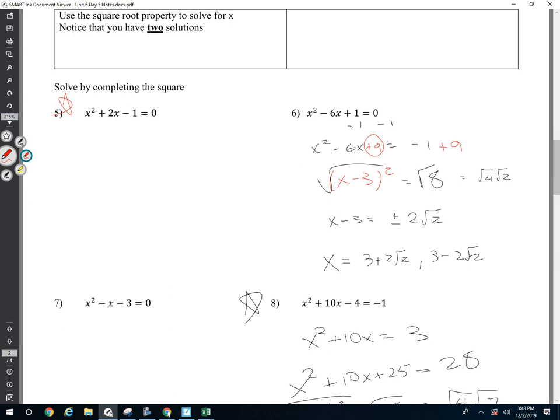So we start out with x squared plus 2x equals 1. This divided by 2 squared is 1. So I will add 1 to both sides, giving me x squared plus 2x plus 1 equals 2.